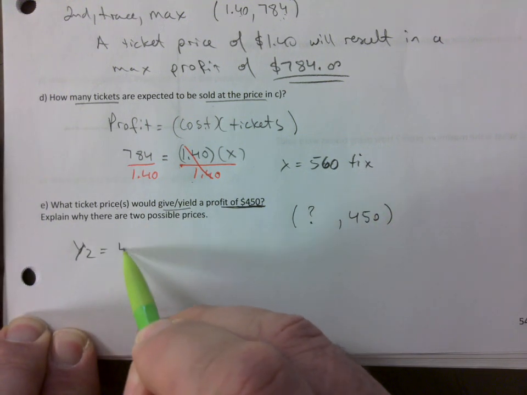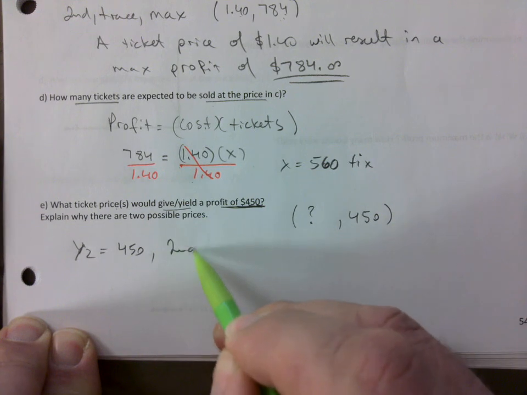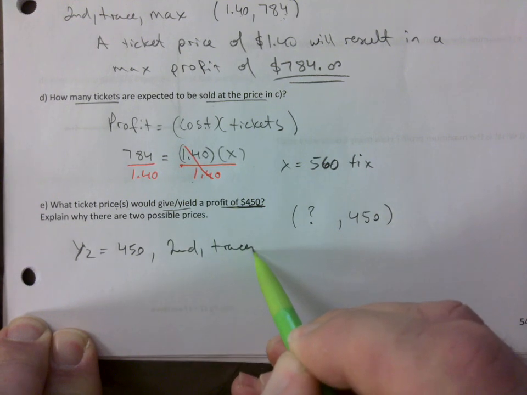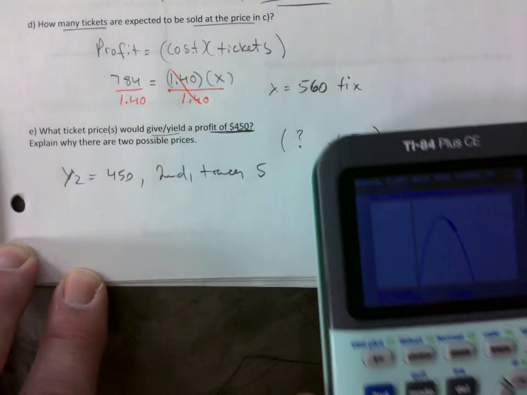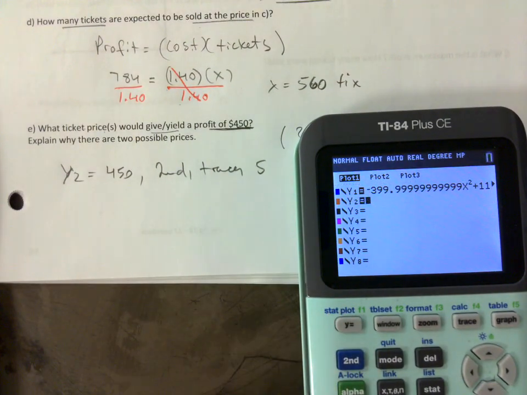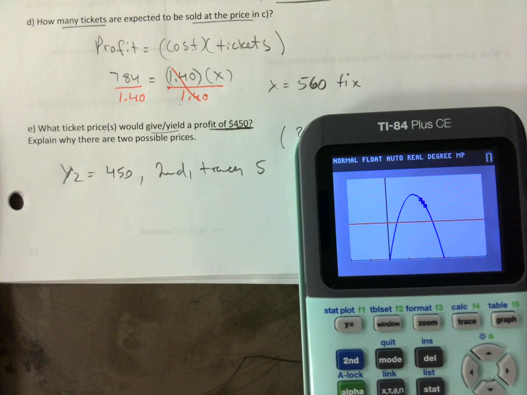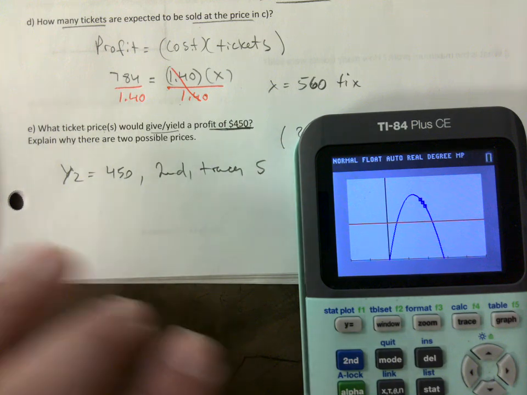Y2 is equal to 450. Second, trace 5. But watch out, what's going to happen here? Let's graph the 450. It happens twice. It happens here and here. Okay? So we're going to find both of those.